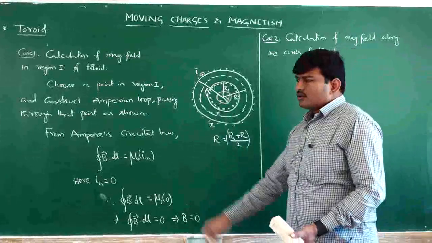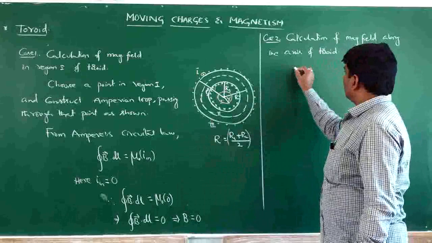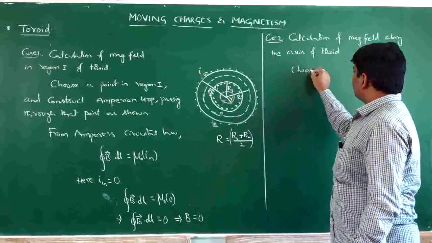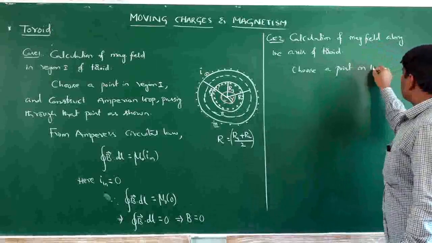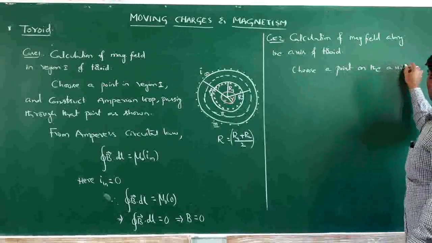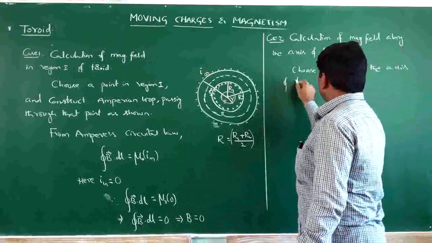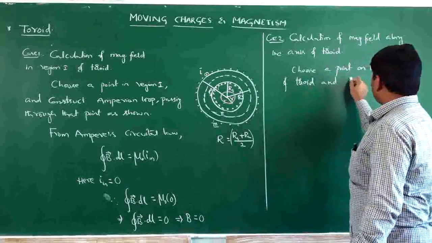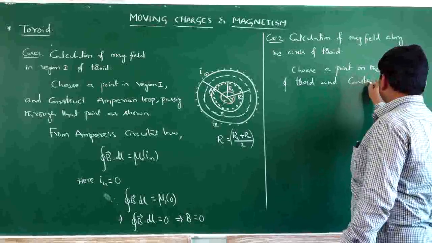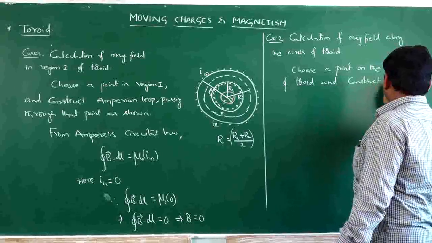Same as before. Choose a point on the axis of the toroid and construct an Amperian loop.